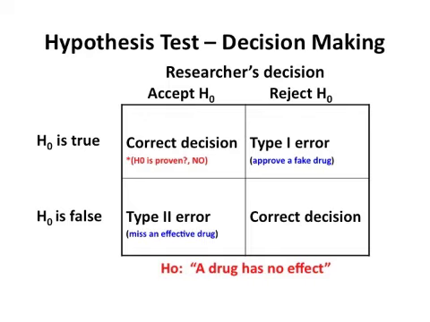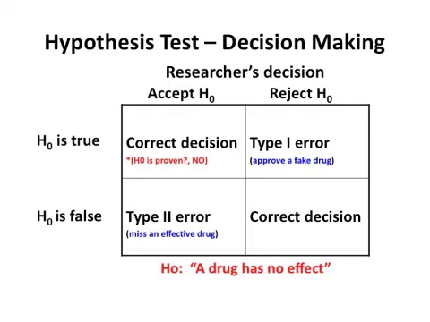When the H null actually is true, and you reject it, you made an error, you make a mistake. That is called type 1 error. What that means is you have a chance to approve a fake drug, because H null here is a drug has no effect. Am I right? Use this example to remember this. The H null is defined as a drug without efficacy.